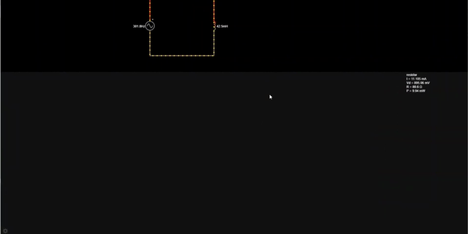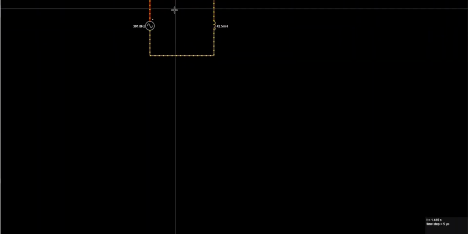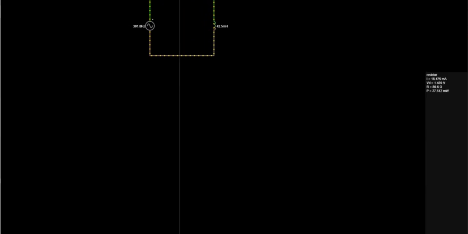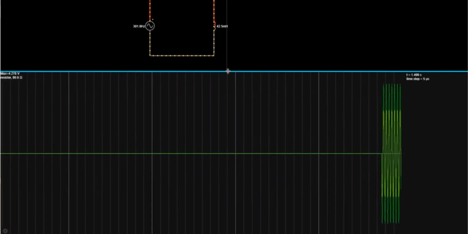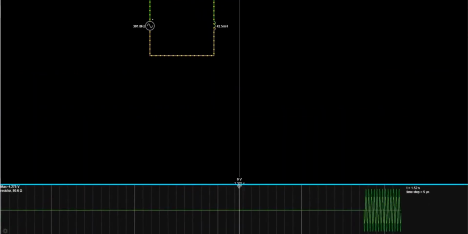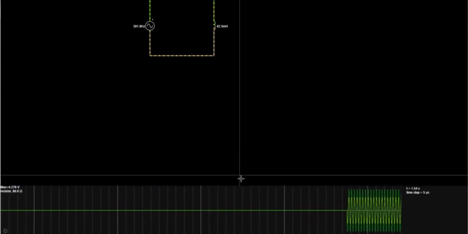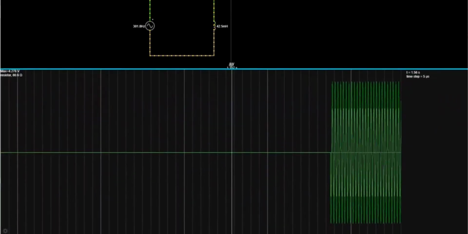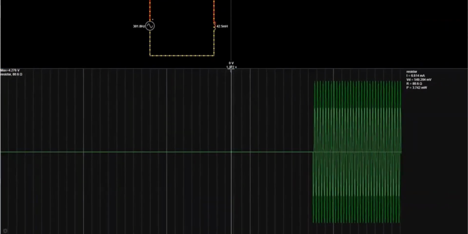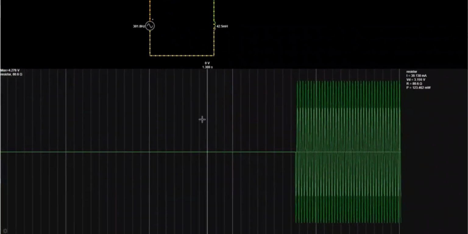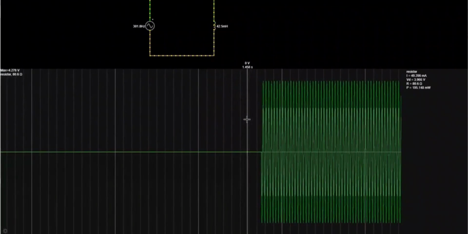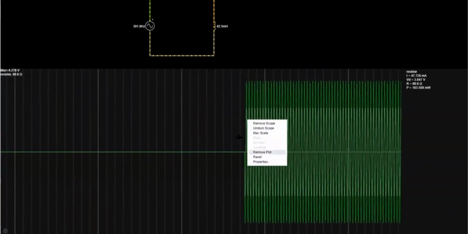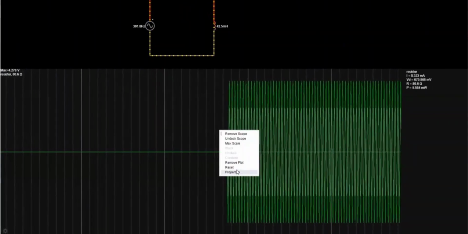Let me repeat that again. If you got your circuit going, hover your mouse over the resistor, right click and select view in new scope. Your new scope should occupy just a small strip along the bottom, but grab the top control and enlarge it so it's really easy to read. Once you do that, right click anywhere on the graph and choose properties.